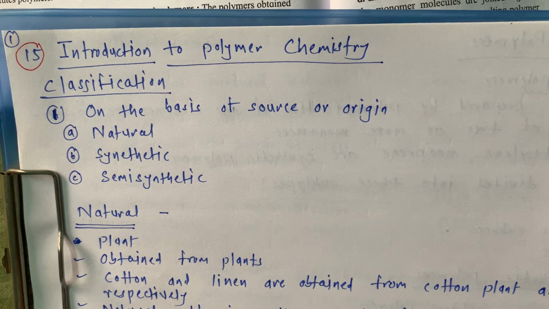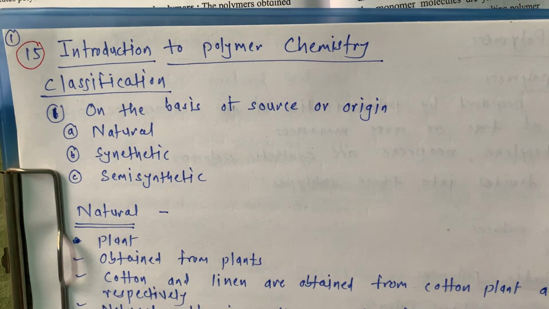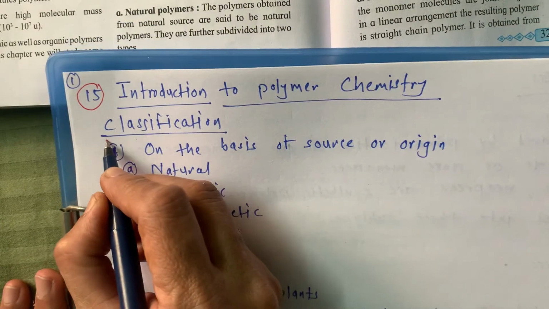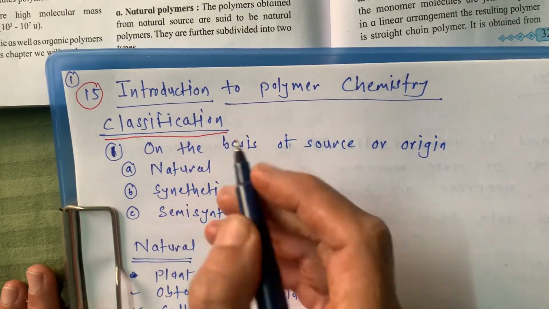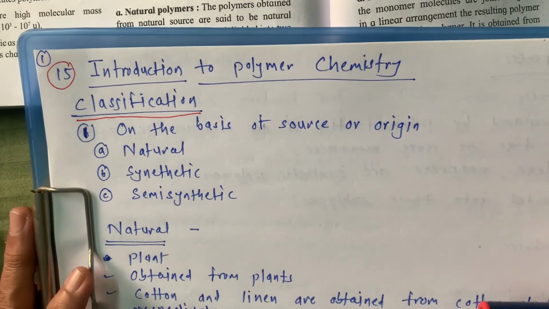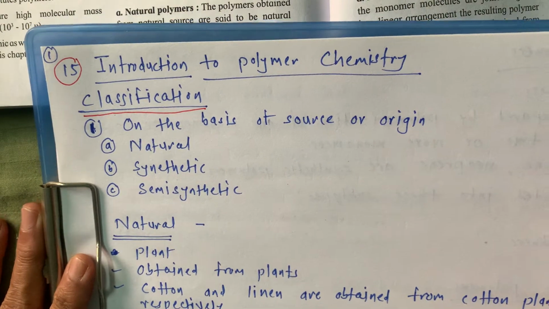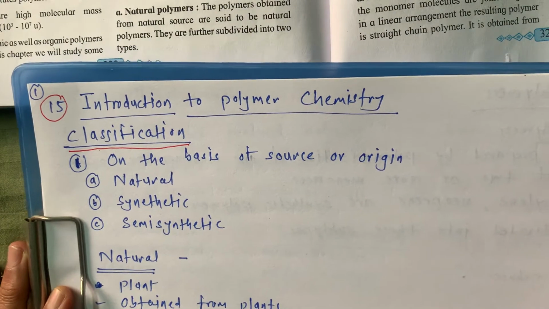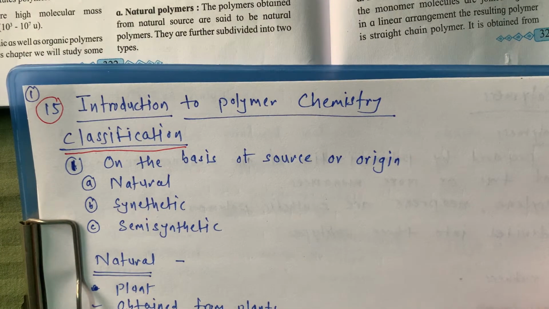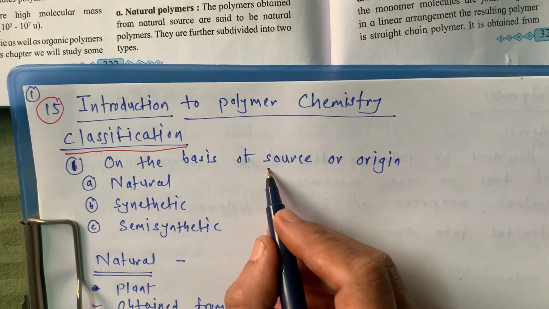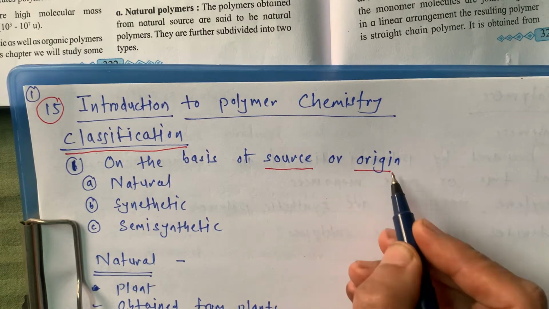Now we will go for the classification of polymers. Classification is a well chosen word for us, and it is based upon many things. First is on the basis of source or origin.